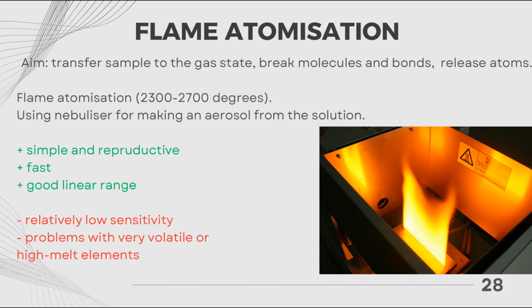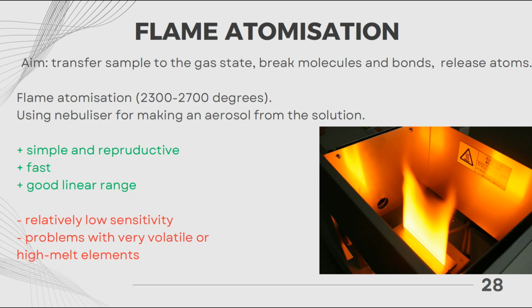As it is clear from the name, here you have the picture. You use a flame to ionize the sample. In this type of atomization, we are using a liquid solution of the sample, which is pumped all the time through the system and then nebulized into an aerosol. So it is somewhere below, under the flame.